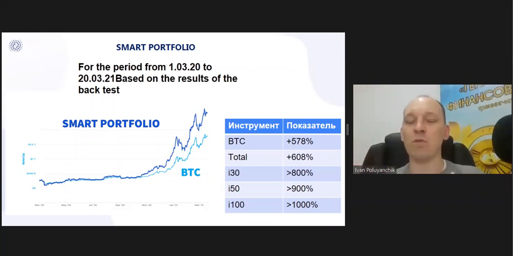If you buy smart portfolio and Bitcoin, you would earn much more using smart portfolio rather than Bitcoin. So, now answer my question. What has the highest earning potential, BTC or smart portfolio? What has a better earning potential, Bitcoin or smart portfolio?